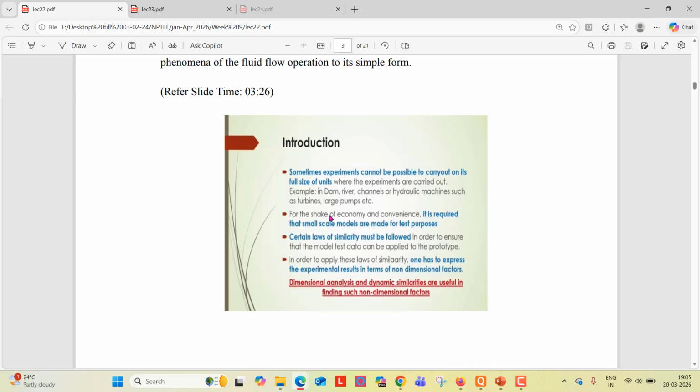So every time you cannot do the experiment to get the full aspect of understanding the physics of that system, right? So for those cases, you need some non-dimensional analysis, non-dimensional number to get the basic understanding of the physics of the system. Okay.